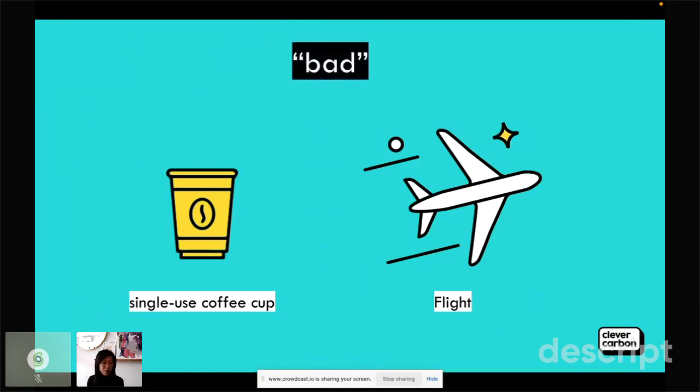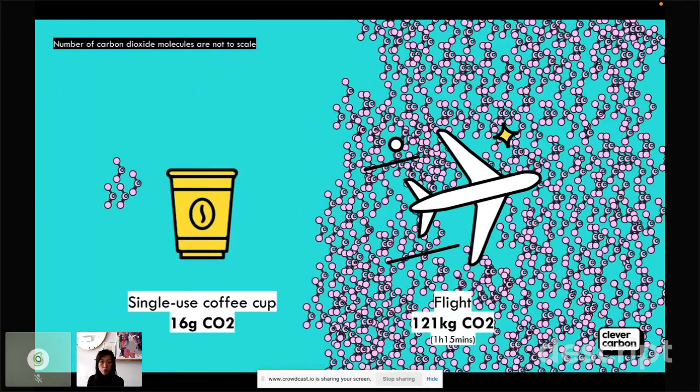Both people like to call them bad, and I don't necessarily agree with bad. What if I told you that a single-use coffee cup emits 16 grams of carbon dioxide when we manufacture it, versus a flight is 121 kilograms of carbon dioxide? These are just facts. This is data.